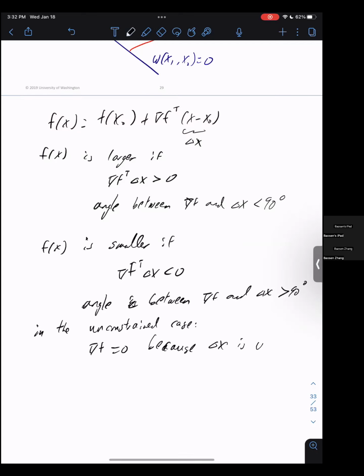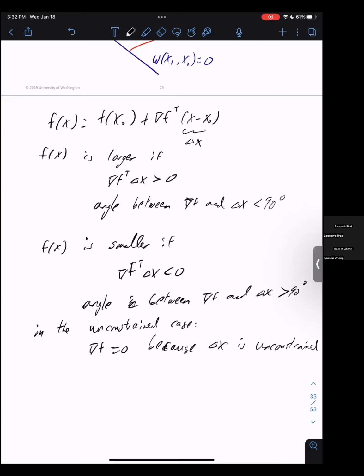In the unconstrained case, the reason I insist the gradient has to be 0 is because you can go in whichever direction you want. As long as the gradient is not 0, I can find a direction to go. In the constrained case, this is not true. You're constraining how you can move. So instead of the gradient becoming 0, what tells you is the inner product between the two has to be 0. That's the change.